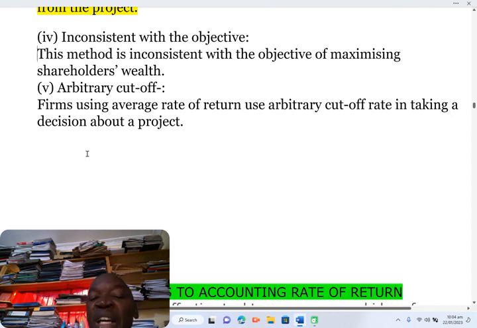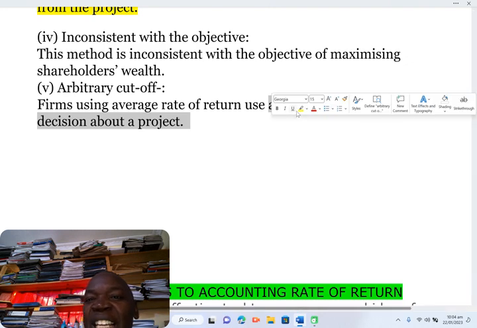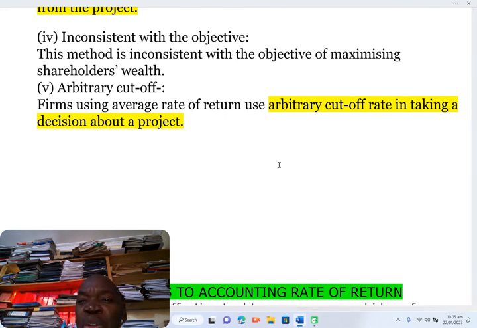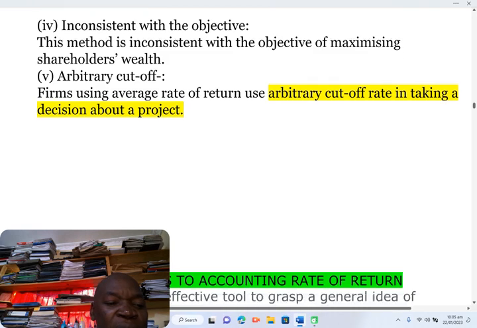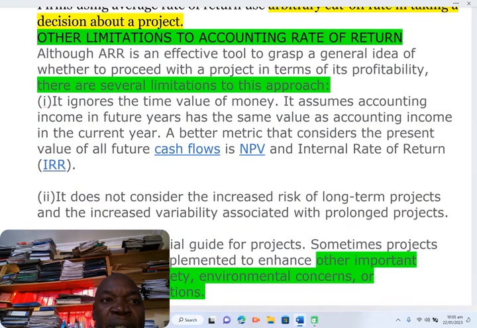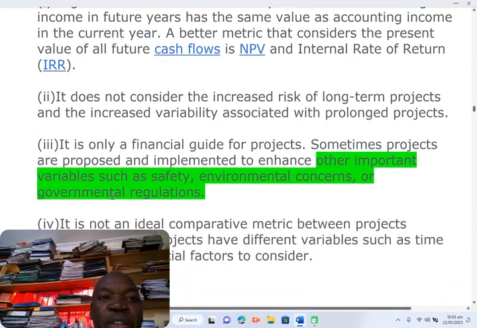Again, it's an arbitrary cutoff. Firms using average rate of return use an arbitrary cutoff. It does not explain when to stop considering the project period, so the cutoff is not defined. It is arbitrary. We can see some other limitations of this method in detail as follows.